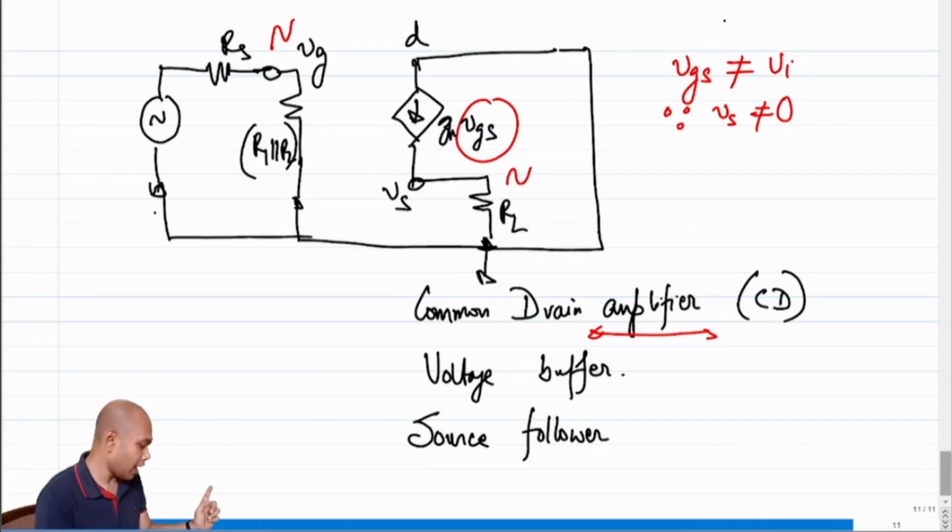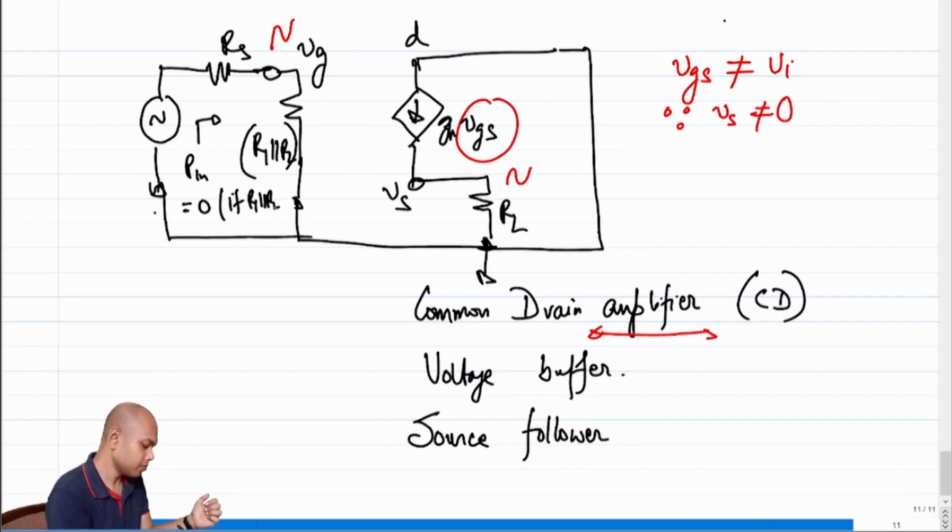The reason this can be justified as an amplifier is the fact that this can still deliver power. What is the input power? Ideally, Pin is equal to 0 if R1 parallel R2 is infinity. But what is the output power? Clearly, output power will be V0 square over RL.